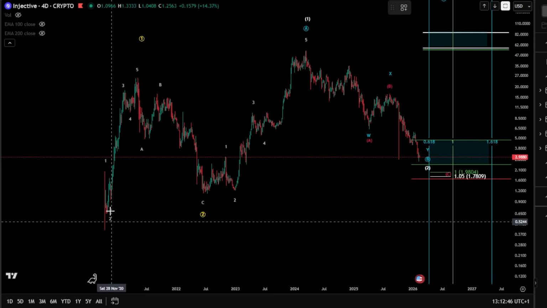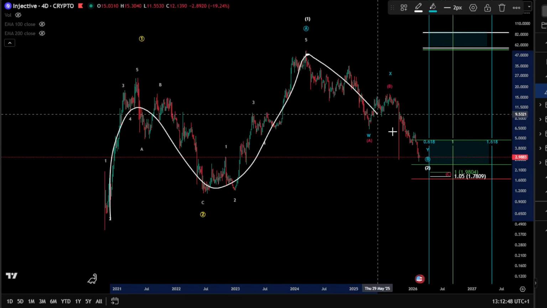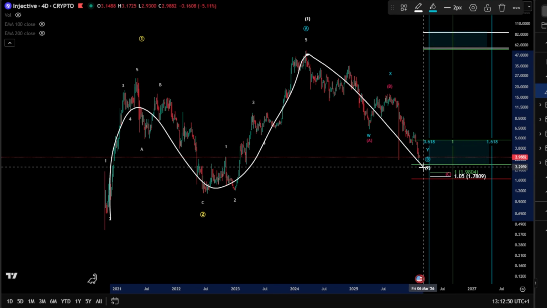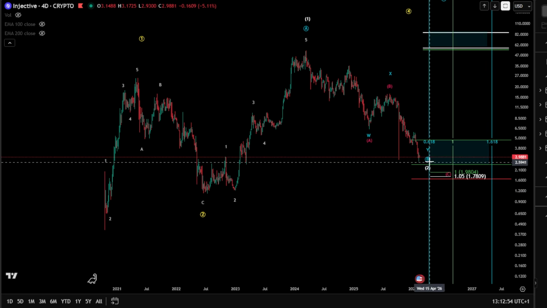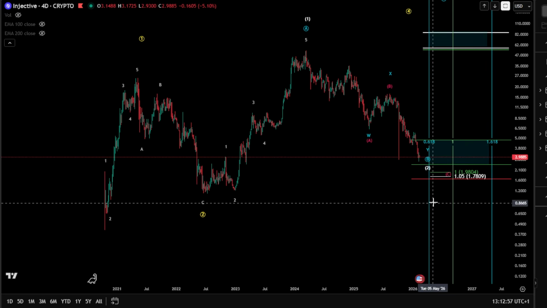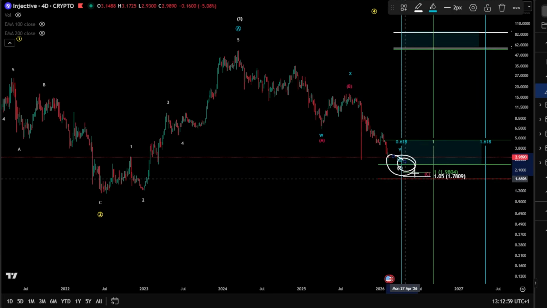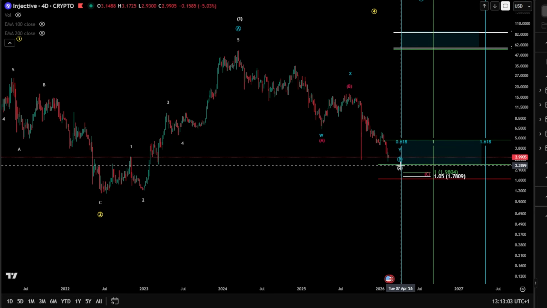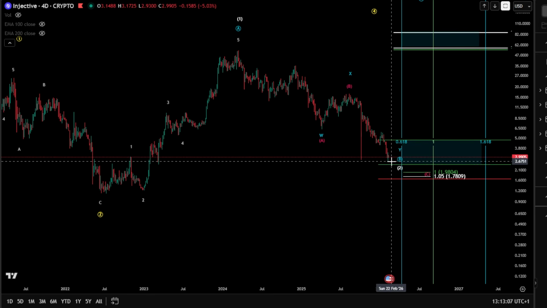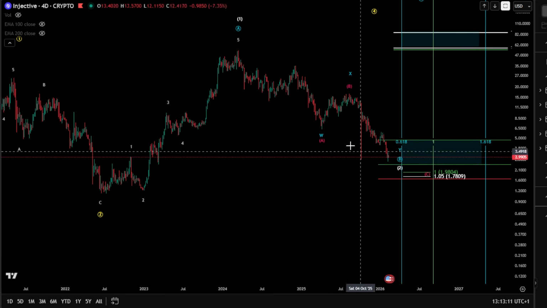So for injective, the same wave A, the same deep, complex, painful wave B, and then of course we're looking for this blue box to be hit in time and in target. So I would say we're very close. We're getting closer, but we still have some few months or few weeks, I would say, for a bull run, guys.